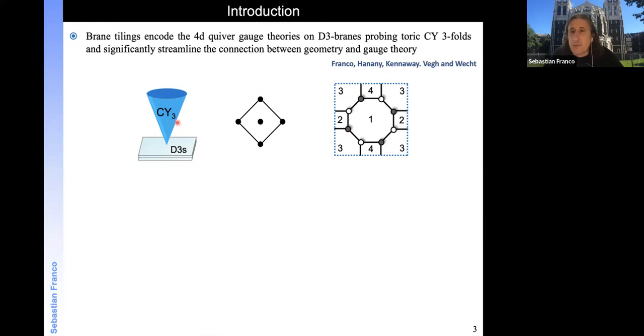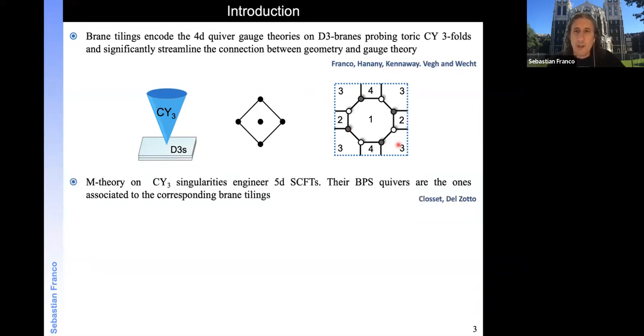So in this context, we have this set of objects: some toric Calabi-Yau, which is represented by some toric diagram, I might call it polytope at some point, and some bipartite graph here. So these are the types of objects that we are going to be discussing today. But you can also consider the same geometries to engineer five-dimensional conformal field theories.